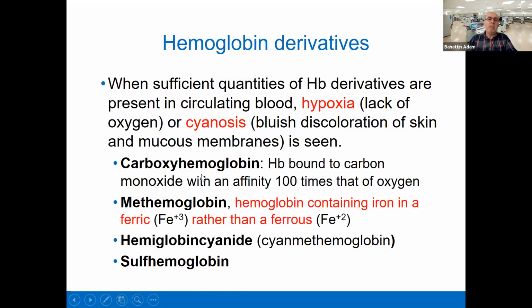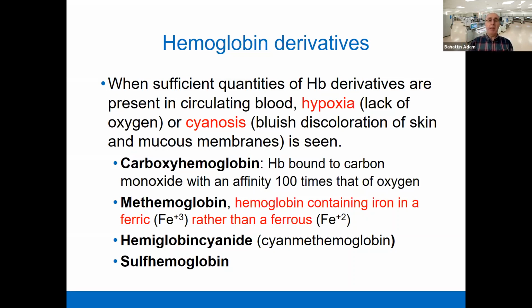As you see here, carboxyhemoglobin means the combination of hemoglobin with carbon monoxide. Carbon monoxide has an affinity 100 times higher than oxygen, and therefore, once the carbon monoxide binds to the hemoglobin, it won't separate from it, and oxygen is not able to bind.